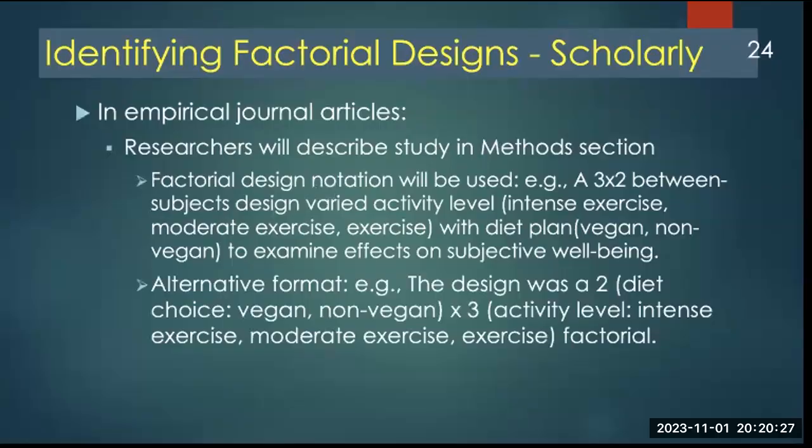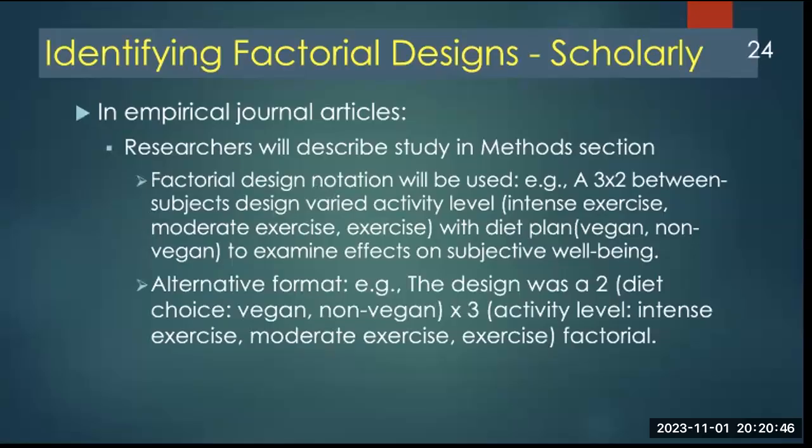Another way they might represent it is they'll say the design was a 2, and then in parentheses, they tell you the independent variable and the levels, right? Diet choice, vegan, non-vegan, by 3, and then they tell you the variable is activity level, and then they list the 3 different levels.